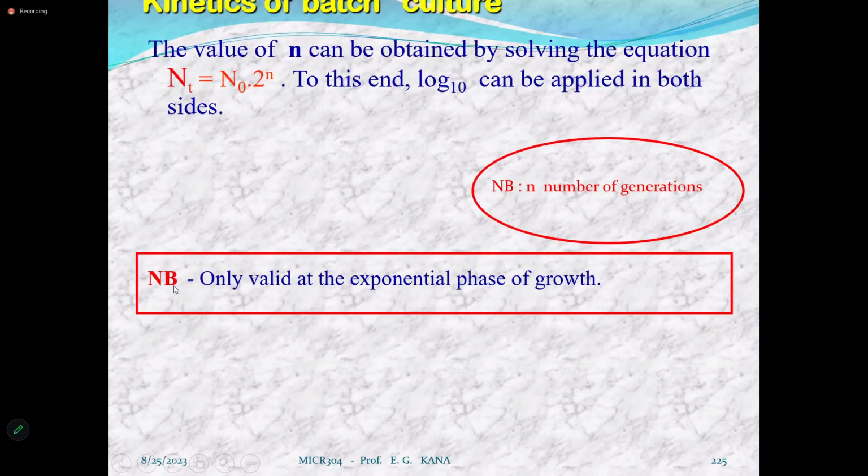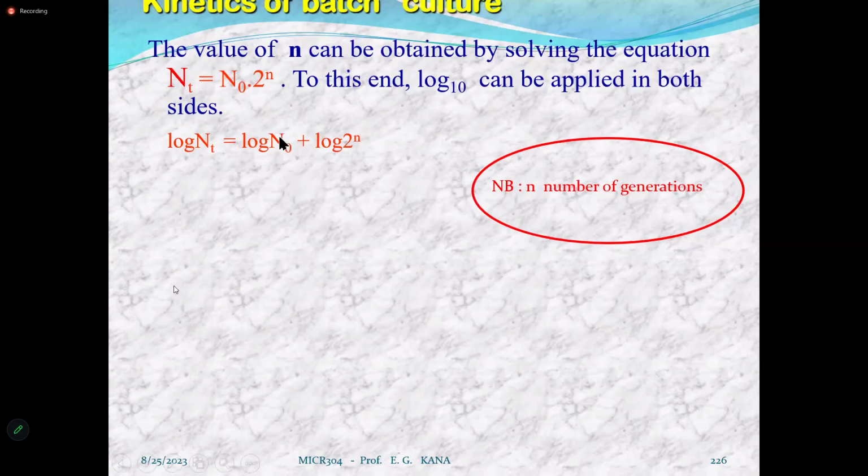Now, how can you obtain n? The value of n can be obtained by solving the equation Nt equals N naught multiplied by 2 to the power of n, by applying the log on both sides of the equation. Based on the previous slide on log manipulation, we learned that log of Nt equals log of N naught plus log of 2 to the power of n.